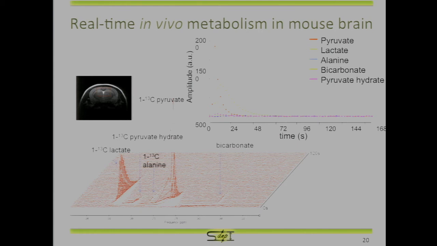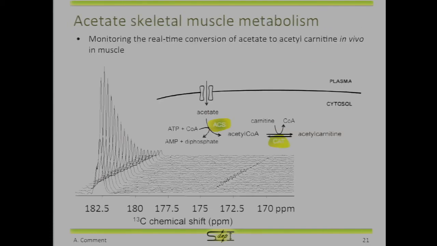You're going to see pyruvate and lactate. And this is in the brain of a mouse. You see every second how this transformation is taking place. Let me go to the next slide, because this one doesn't come out very great on this projector.